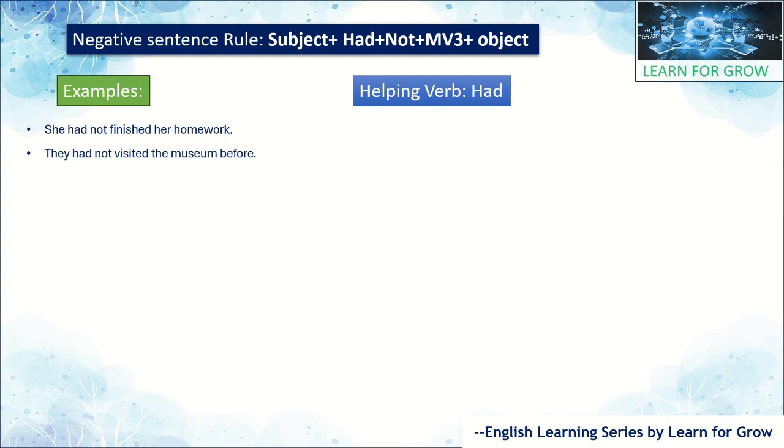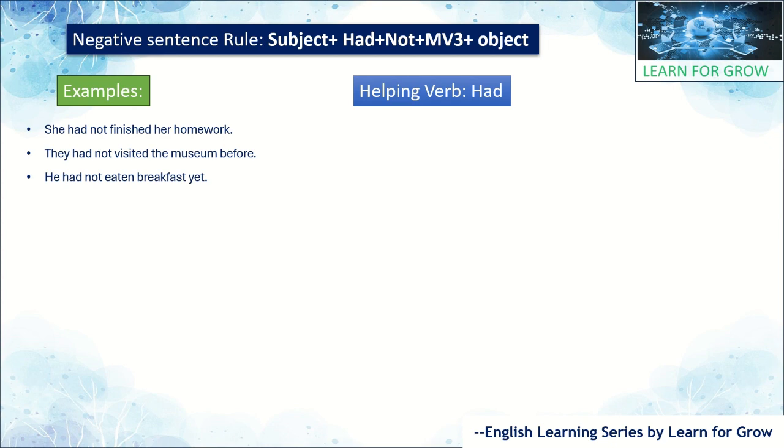Here they is the subject, had is the helping verb, not is the negation, visited is the third form of visit, and museum is the object. I have given the examples based on the rule only. Now I will read the examples, just correlate them with the rule I have given. Okay, let's have an example.